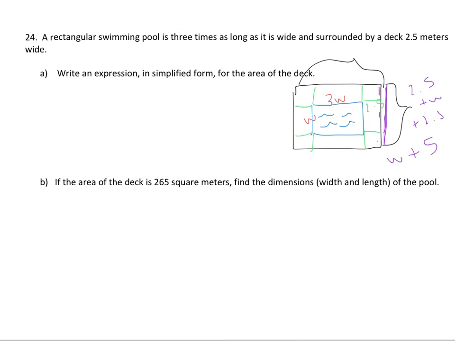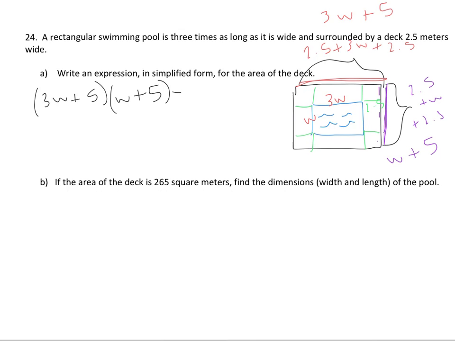Then figure out this side up here in the red that I've drawn a line across. I'm going to add 2.5 plus 3W plus another 2.5 to give me 3W plus 5. So I know my length and I know my width, and I'm going to multiply those together.